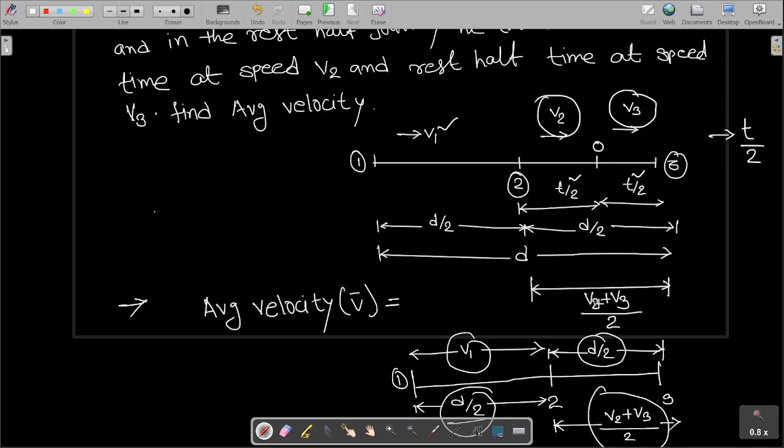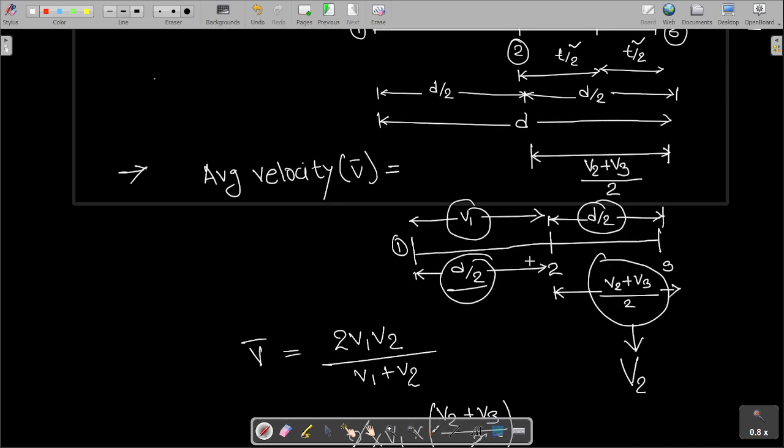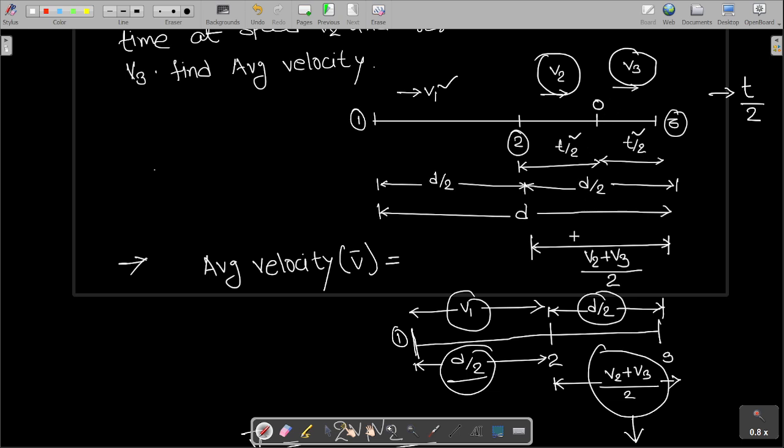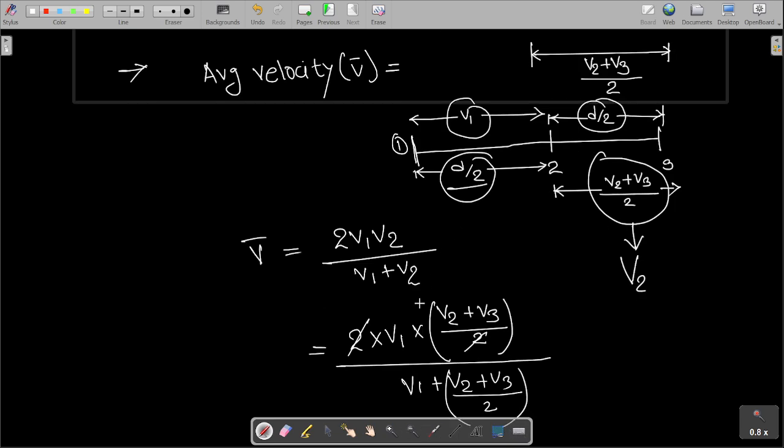So we found the average velocity between point 2 and point 3. Now the question is made like this. This is point 1, this is point 2, and this is point 3. We remove the middle point by taking the average of these two velocities, and we get the value v2 plus v3 by 2 as the average velocity between point 2 and point 3.